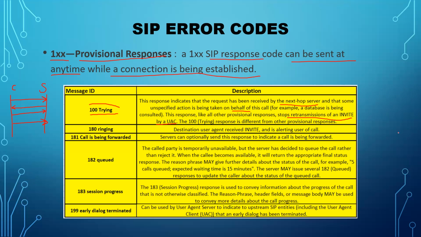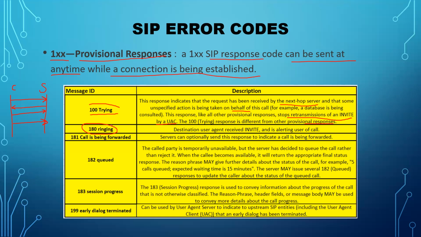And the next line: the 100 Trying response is different from other provisional responses, because it will be coming as soon as it gets the INVITE from the client. Then next would be our 180 Ringing message.